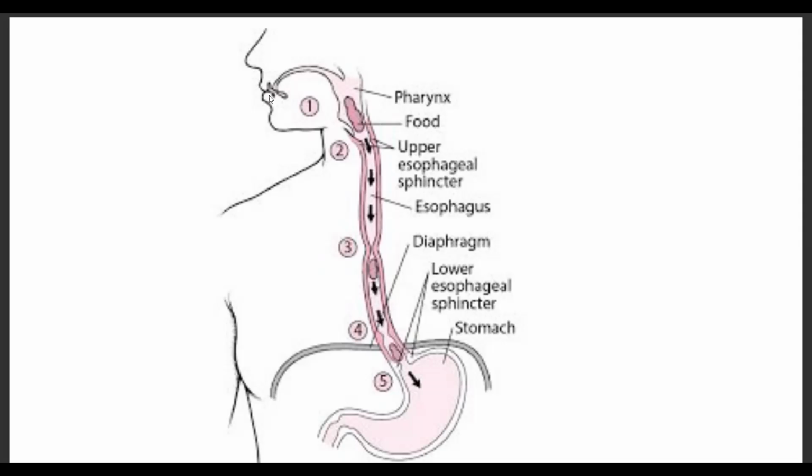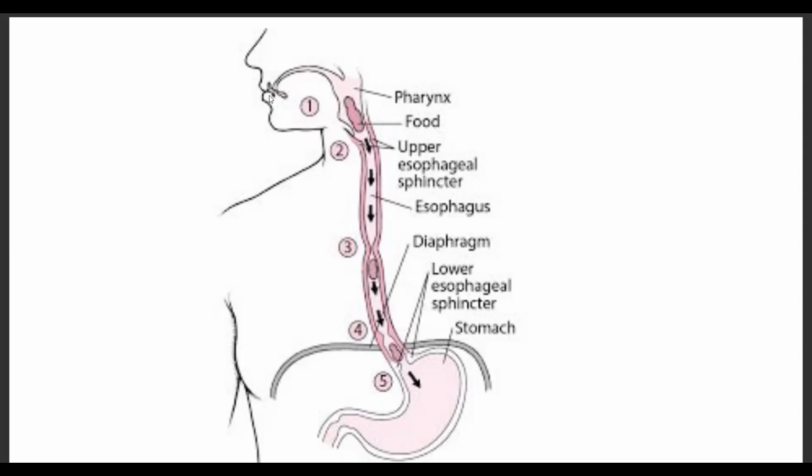Next point, skeletal muscles are located towards the uppermost part of the esophagus. Next point, rest of the esophagus consists of smooth muscles.